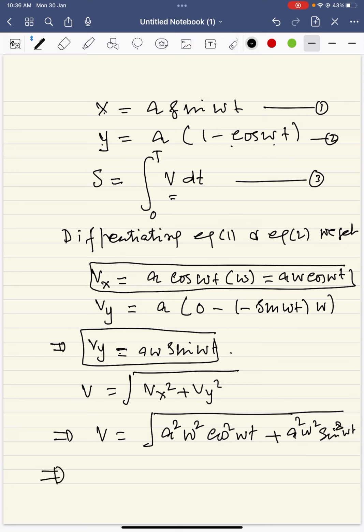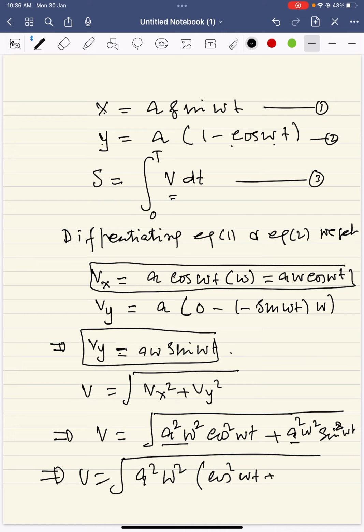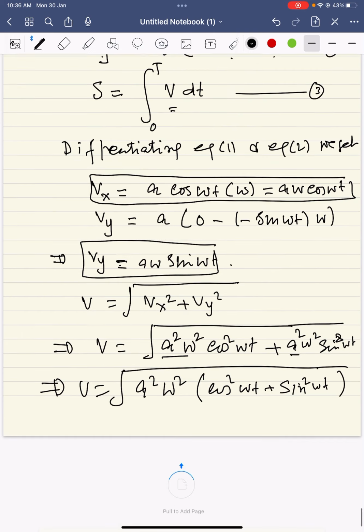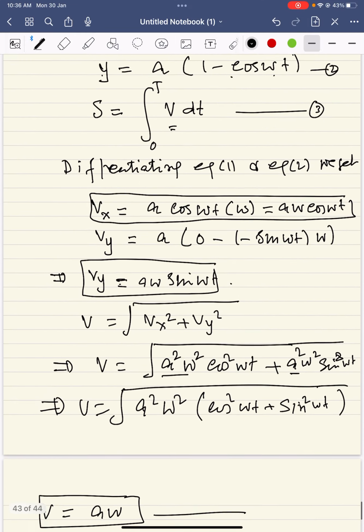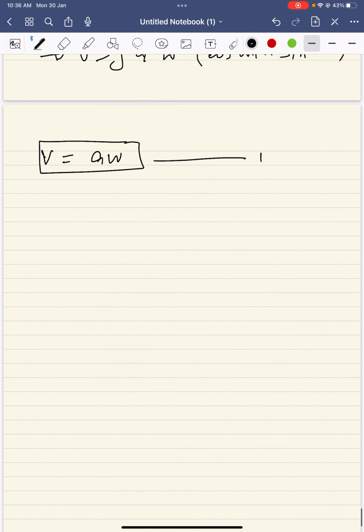Now v equal to the root of a square omega square common in both, and inside cos square omega t plus sin square omega t, which is 1. So v equals a omega. Let me suppose this is equation number 4.